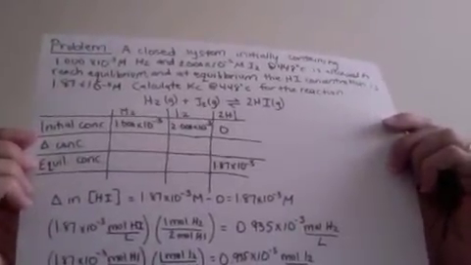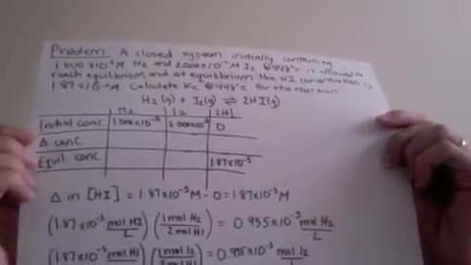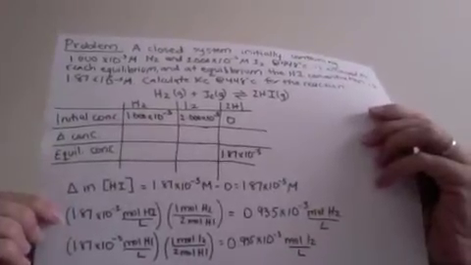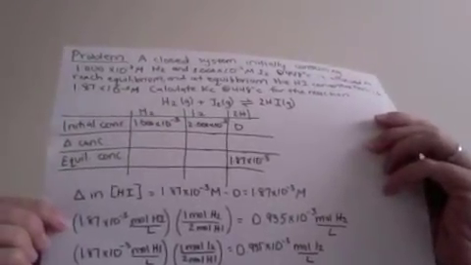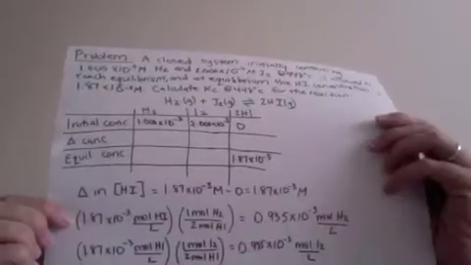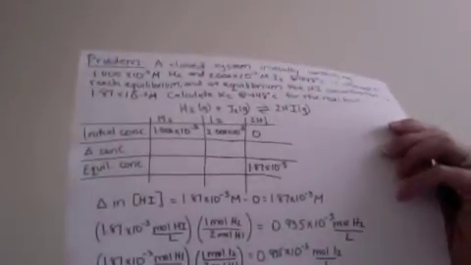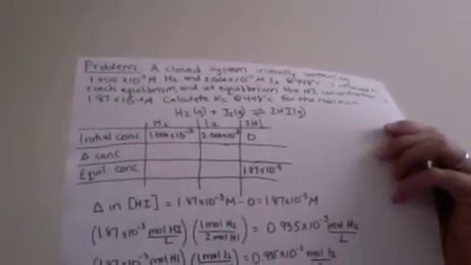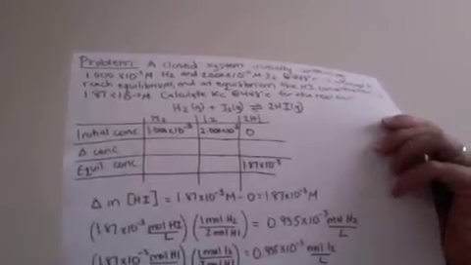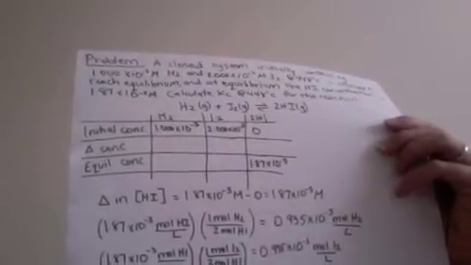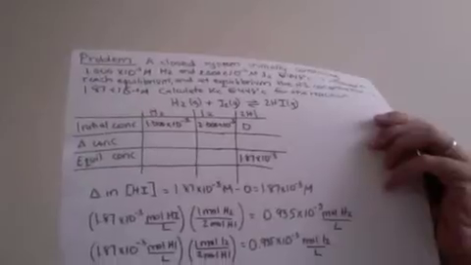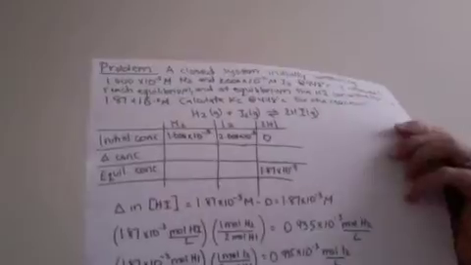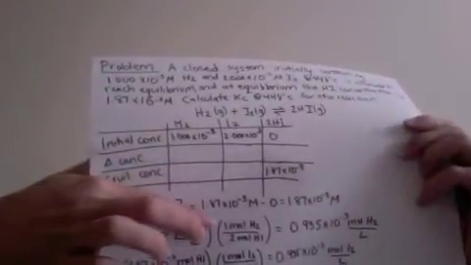And what we're going to be applying is mole ratios. So let's look at H2 first. If we're starting with our change in HI concentration, which is 1.87 times 10 to the negative 3 molar, we can express molar as moles of HI per liter. If we look at our balanced chemical equation, the mole ratio between HI and H2 is 2 to 1, or the ratio between H2 and HI is 1 to 2, which is what we're going to apply over here.